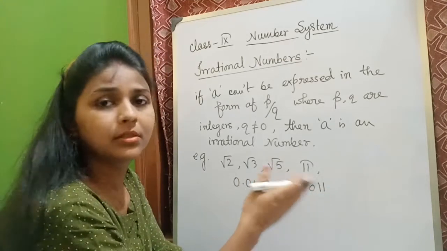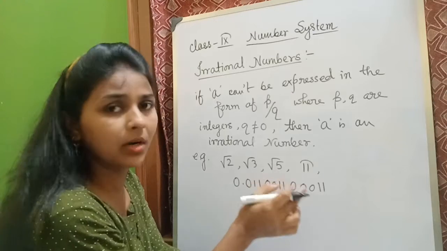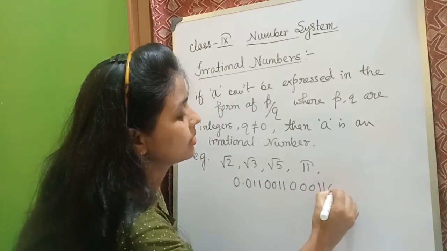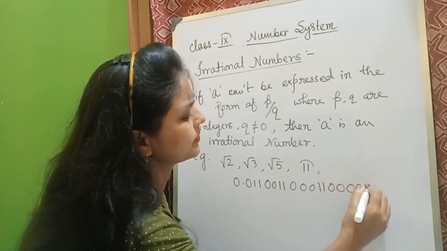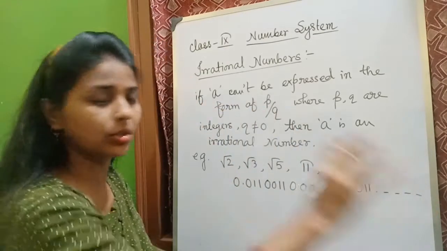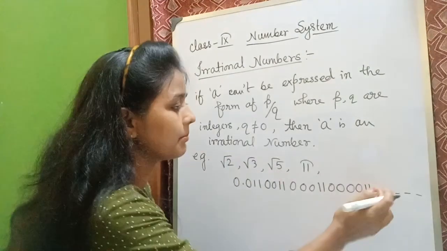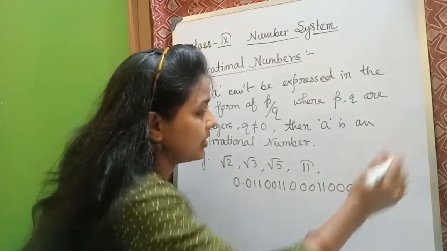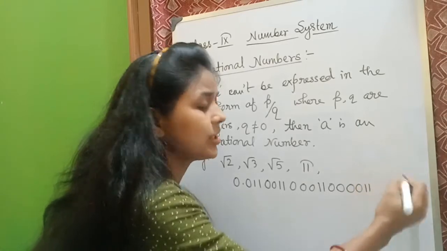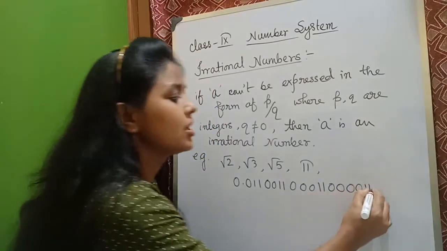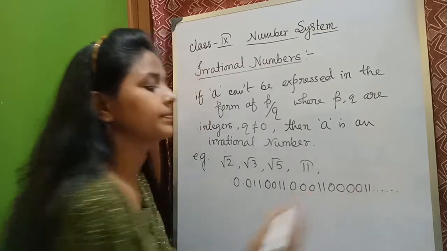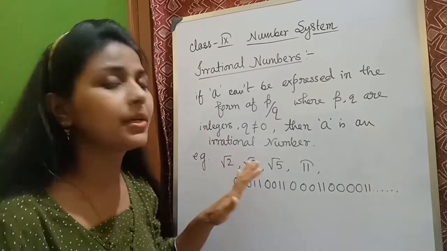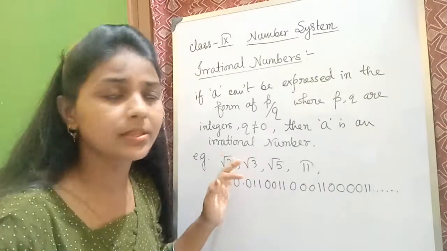Look, the number of zeros in between the 1s is increasing, one step at a time. So like this, and the dots mean this number is continuing. It's not ending here, it's continuing. That means there will be 50, then again 11, like this. These types of numbers are irrational numbers.